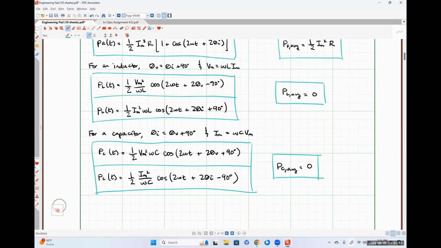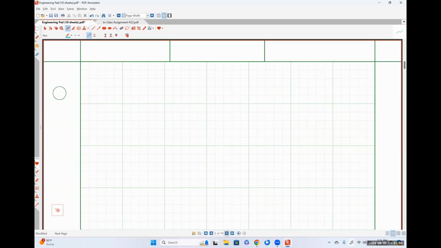All right, so before we move on to the in-class assignment, I want to more formally take a look at the average power. And this is mainly to set up what we're going to be talking about on Wednesday. Okay.